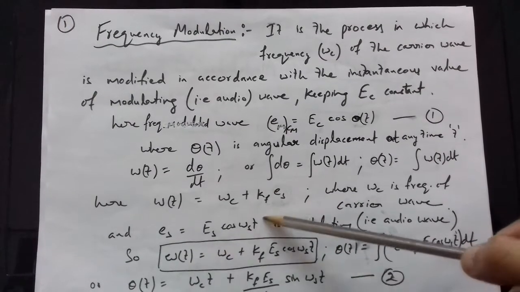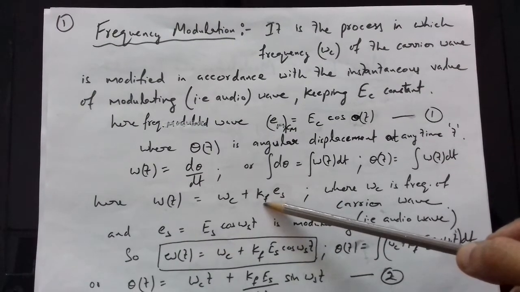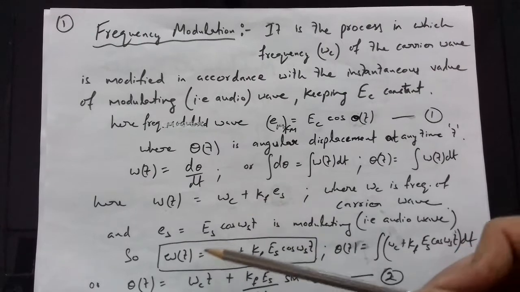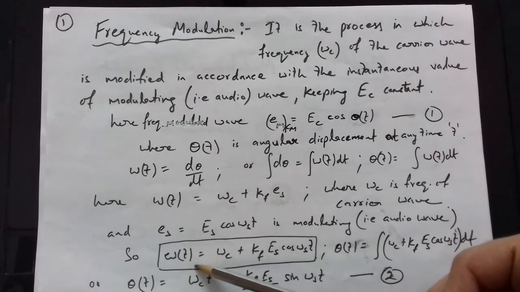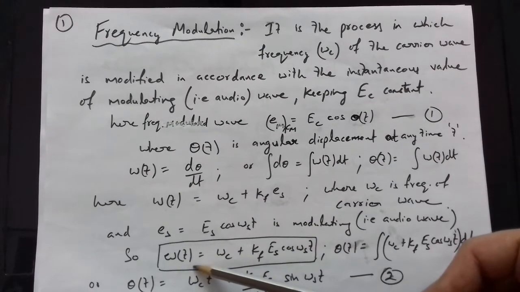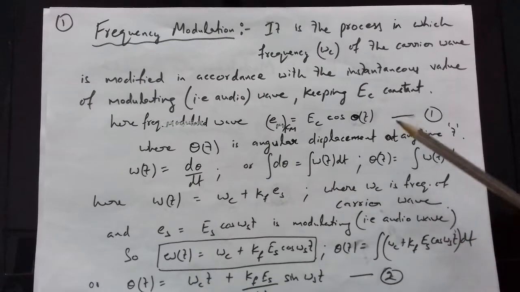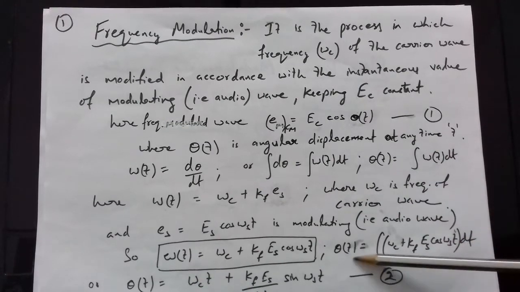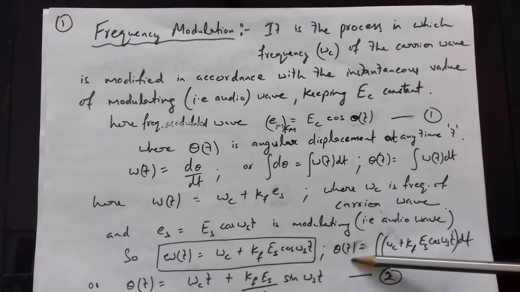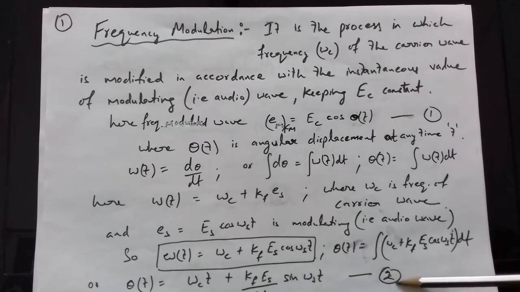If we put the value of Es here, kf is the constant of proportionality, you will get the expression for omega t, and if we put this value of omega t here, we can easily find the value of angular displacement given by equation 2.